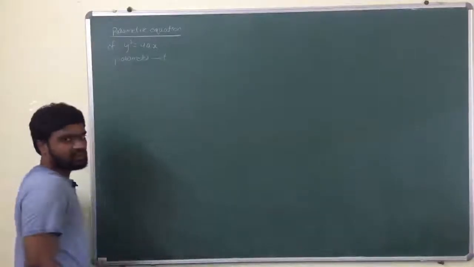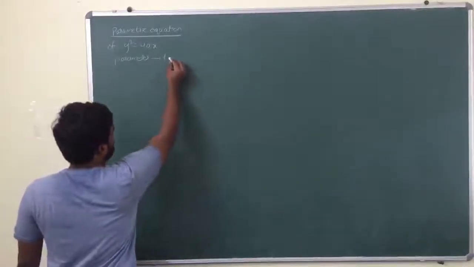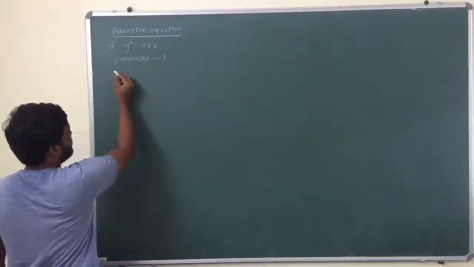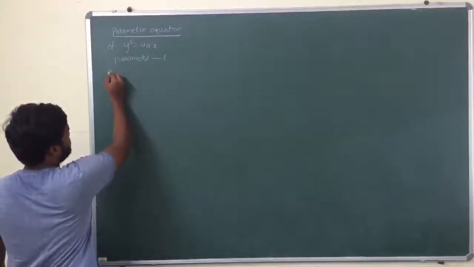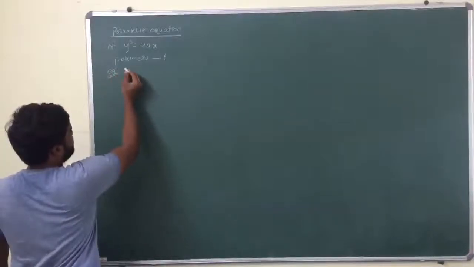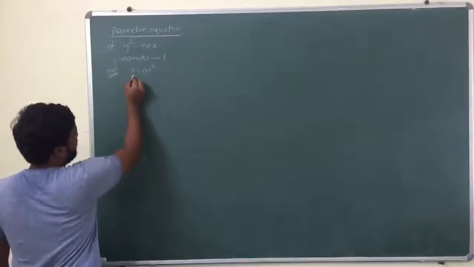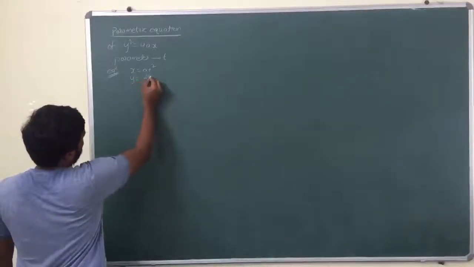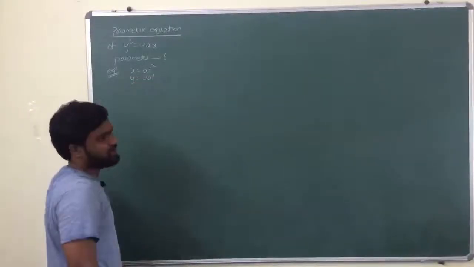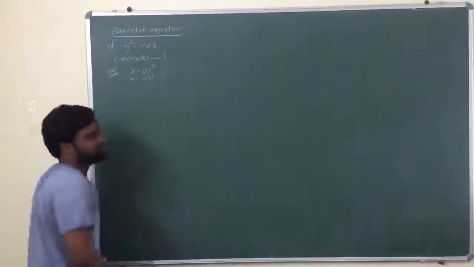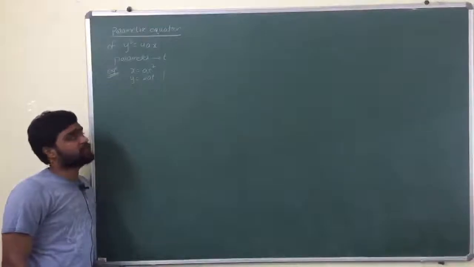Here t belongs to R. Suppose the equation is x is equal to at square and y is equal to 2at. So these are the parametric equations of parabola y square is equal to 4ax.